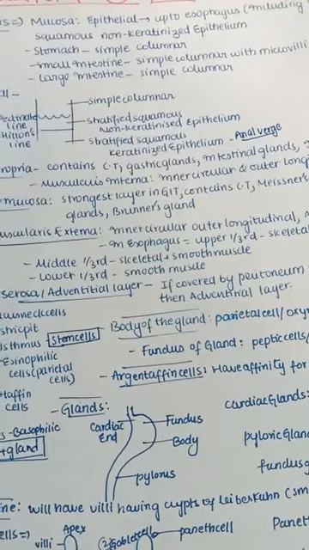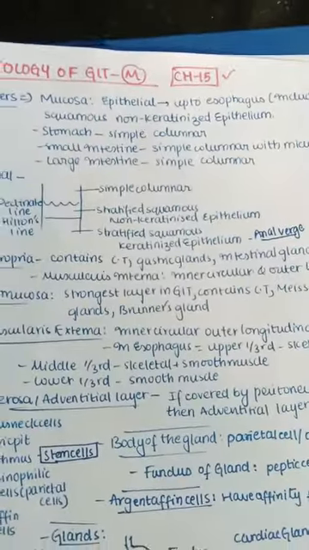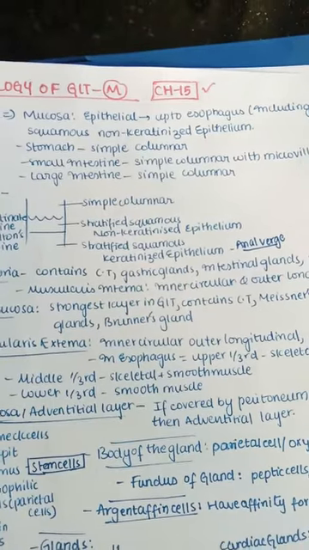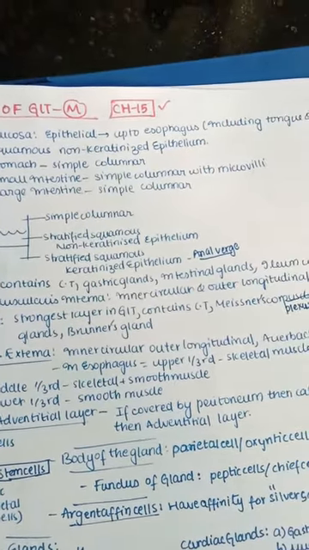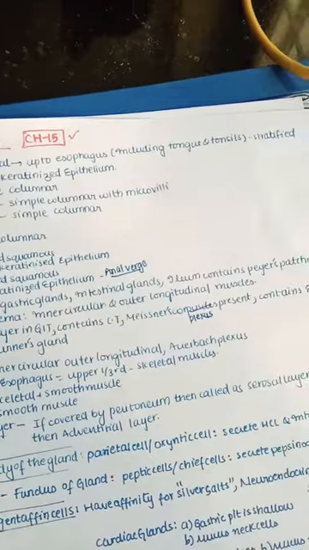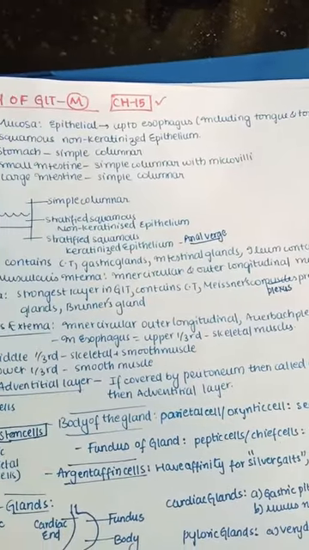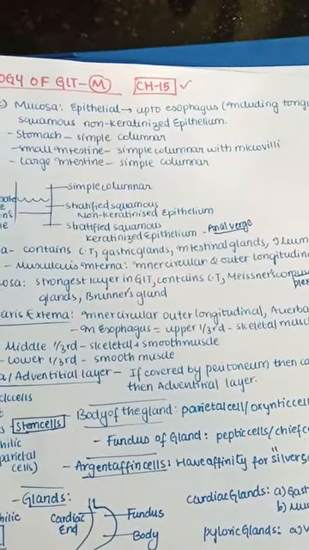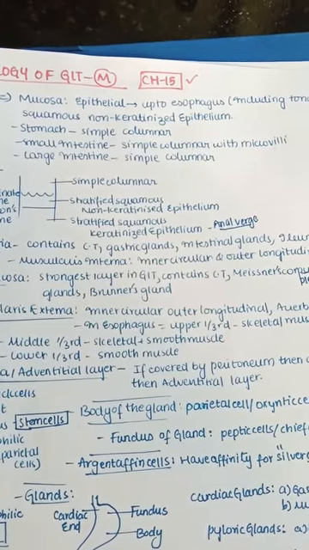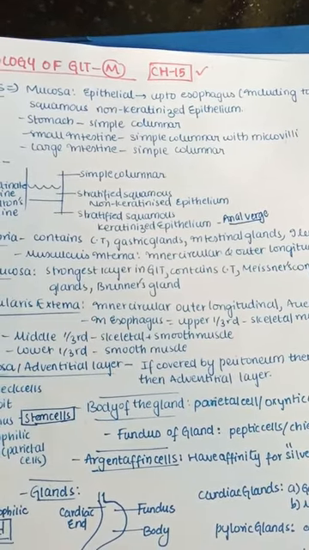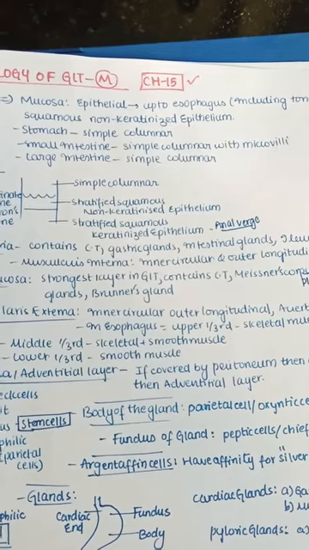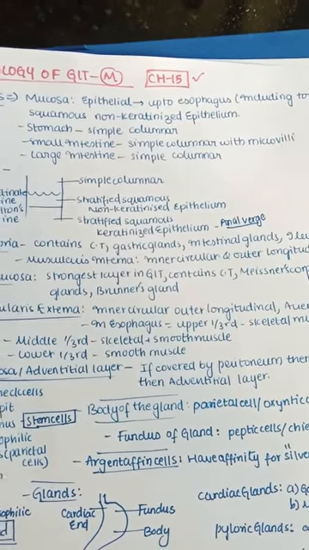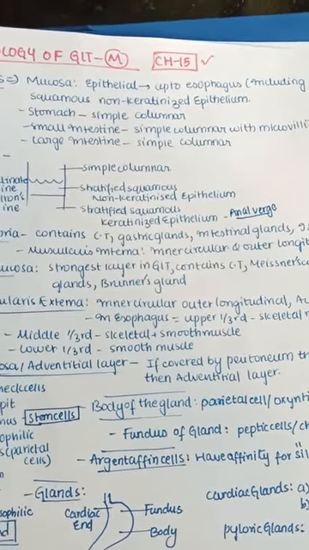Now let us study each one by one. From the mouth up to the esophagus, which includes the tongue, tonsils, etc., these are lined by stratified squamous non-keratinized epithelium. The stomach is mainly lined by simple columnar, and the small intestine is lined by simple columnar along with microvilli. The large intestine is lined by simple columnar.